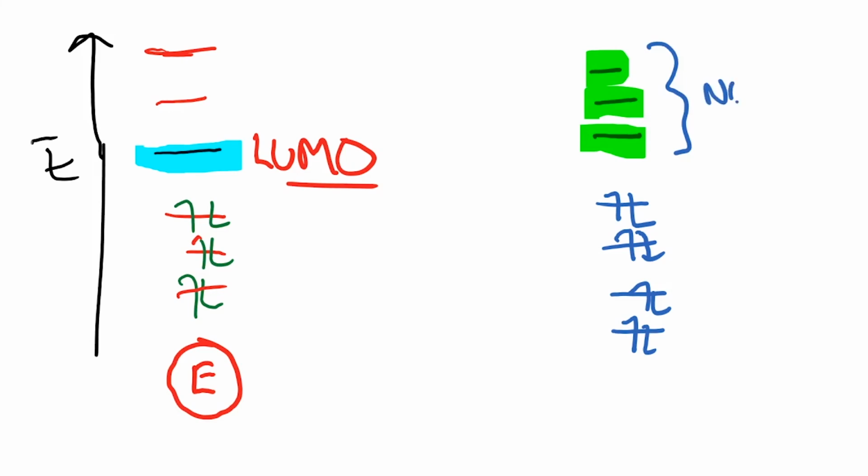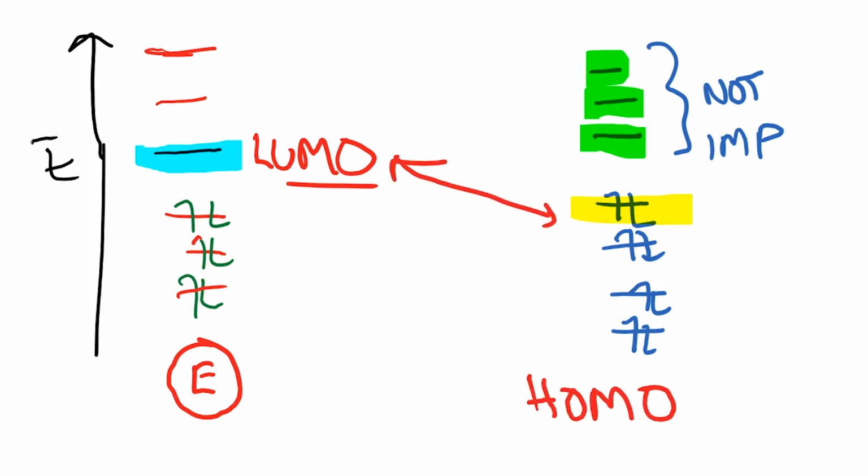In this case, the most important orbital that we need to concern ourselves with is this one, which is the highest occupied molecular orbital. So this interaction between the highest occupied molecular orbital and the lowest unoccupied molecular orbital is the one that we are always going to be worried about.